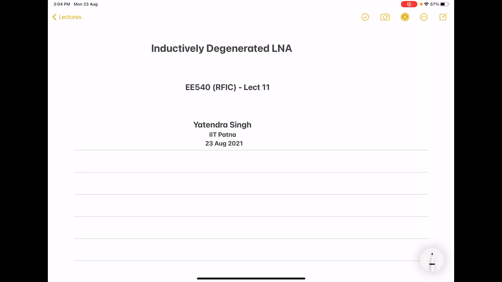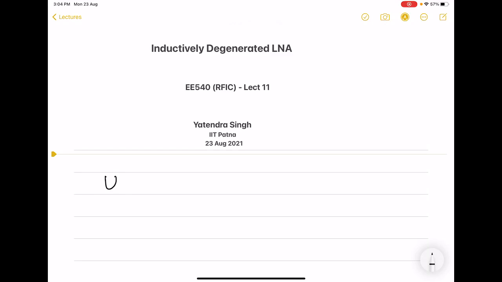That time we will have capacitive impedance looking into the gate of a MOS. So we need something to cancel out the capacitive nature of the gate input impedance, and that objective is fulfilled in this LNA.